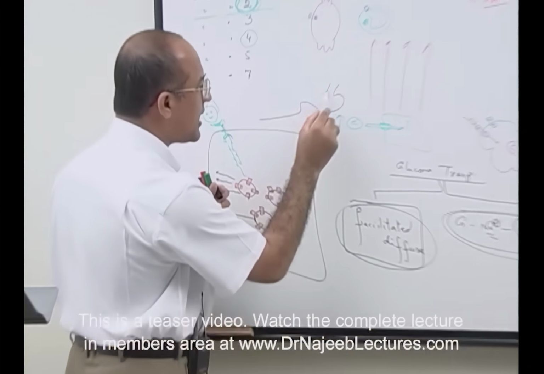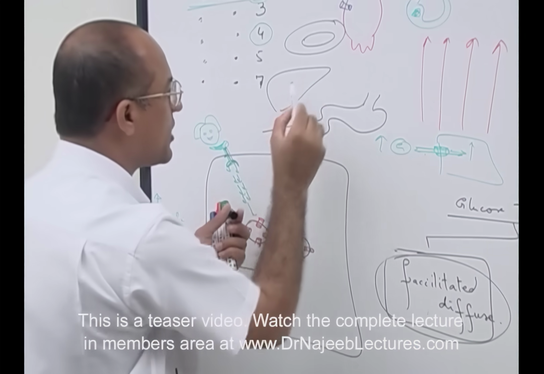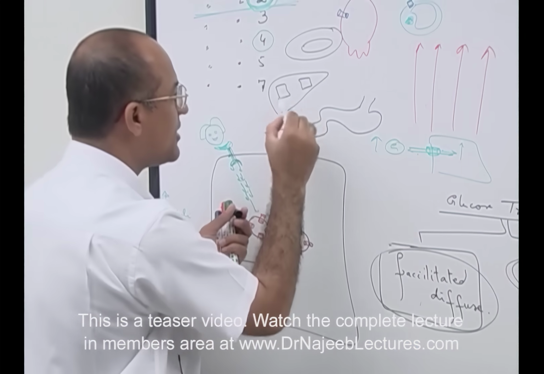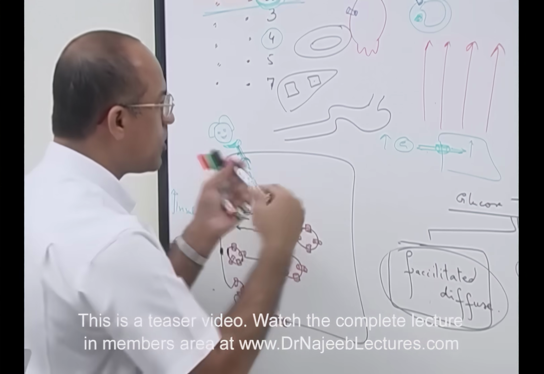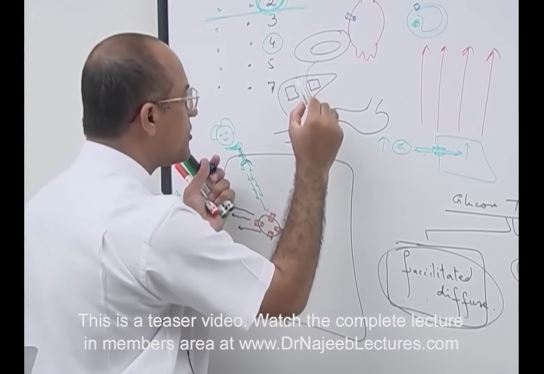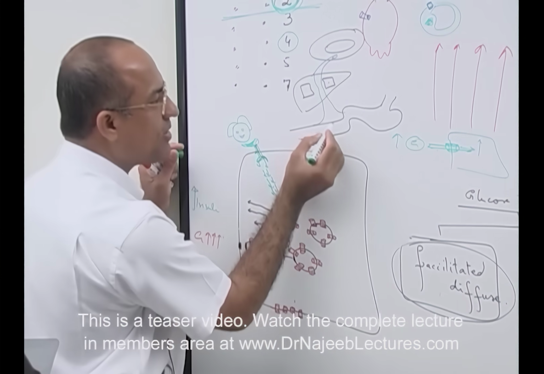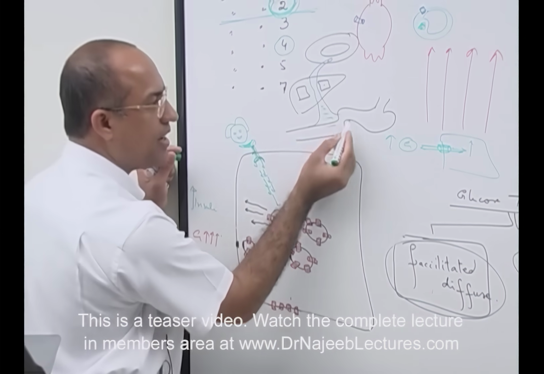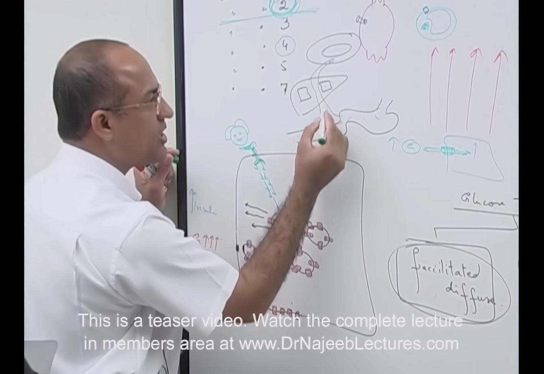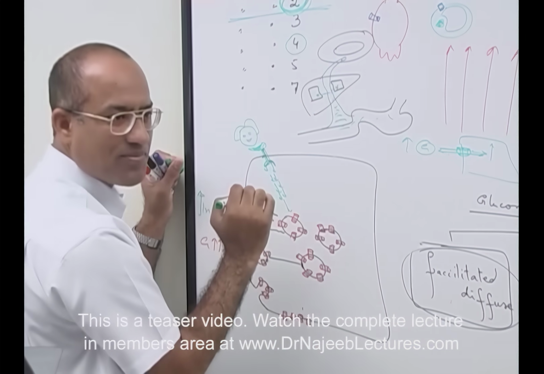As you know, between the GIT and the general circulation, what is there? They are liver cells, right? So glucose from the GIT, and this is the general circulation. As we discussed previously, when glucose concentration is high, when more glucose is coming from the GIT, glucose should go into liver cells.